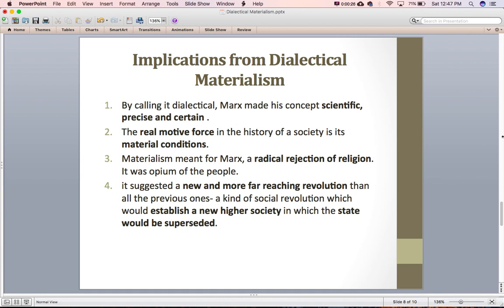Fourth, it led to a far-reaching revolution, that is, a social revolution, which will lead to the creation of a higher society, where there will be no exploitation and no state. This society, which will be classless and stateless, will be the final goal of social development.